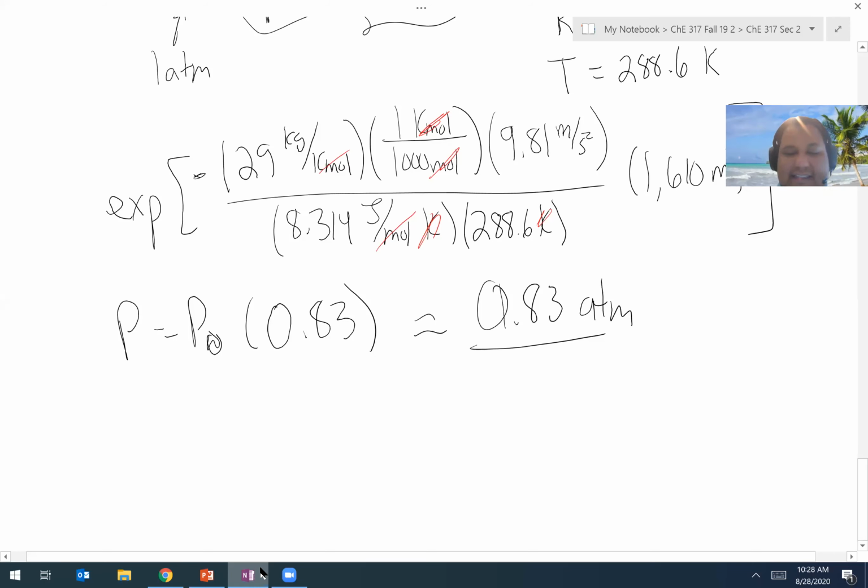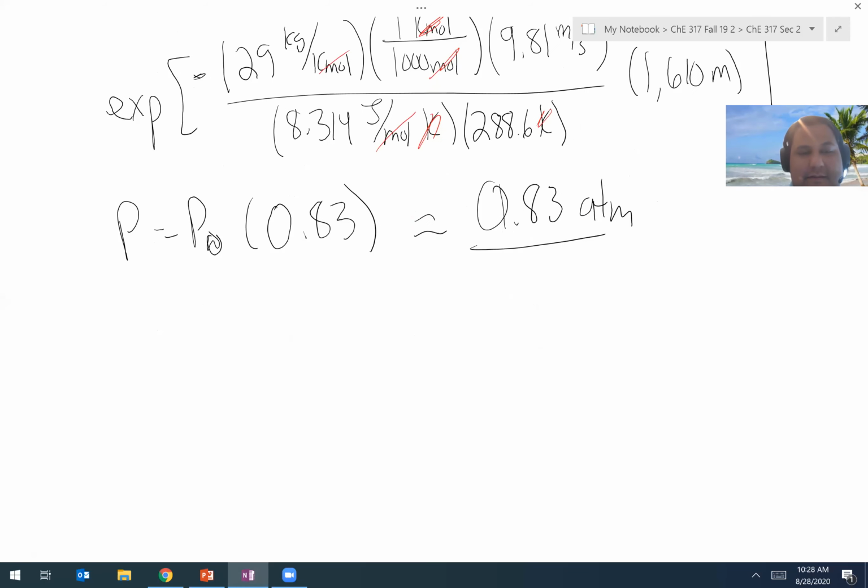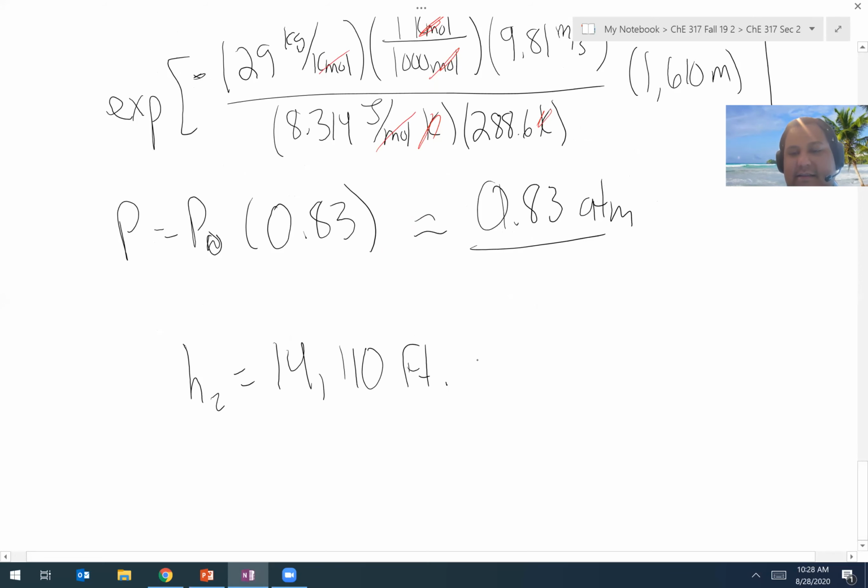But the elevation of Pikes Peak is about 14,110 feet, which is just a little bit higher. In meters, that is approximately 4,300 meters.